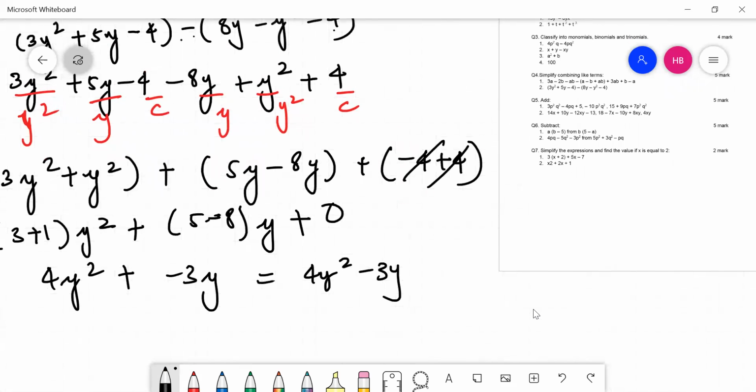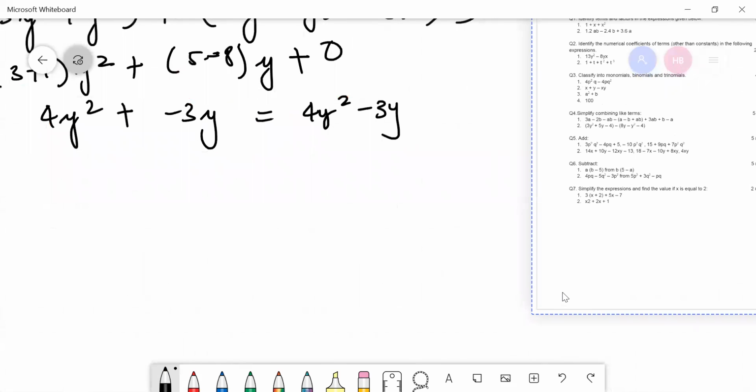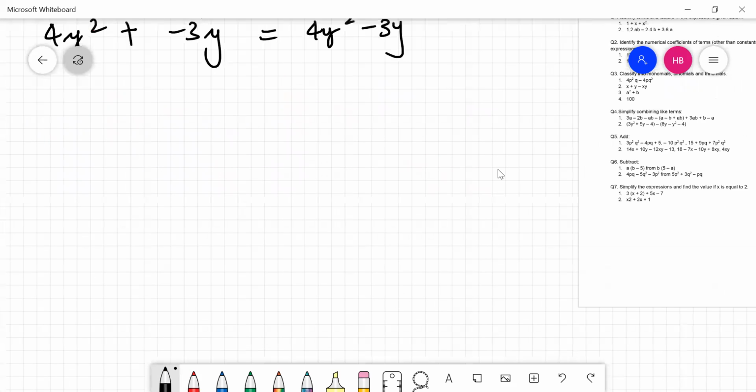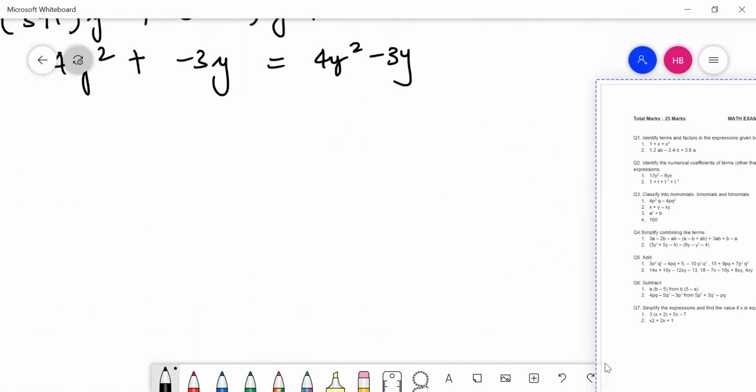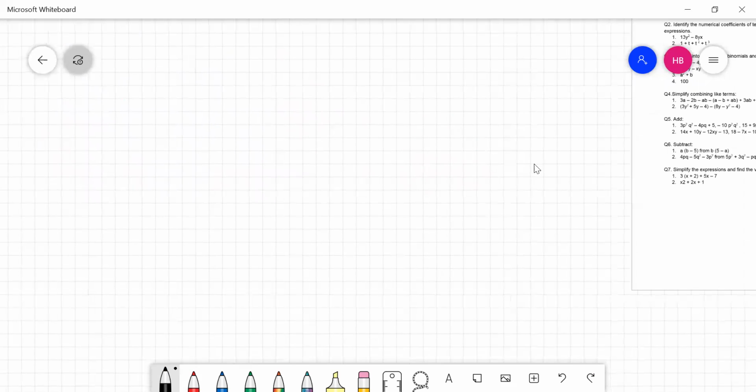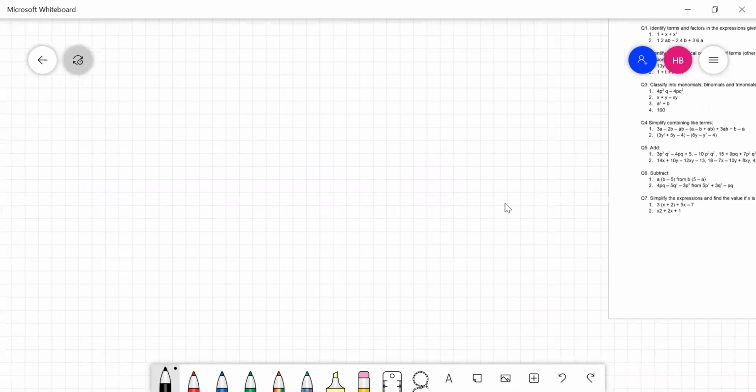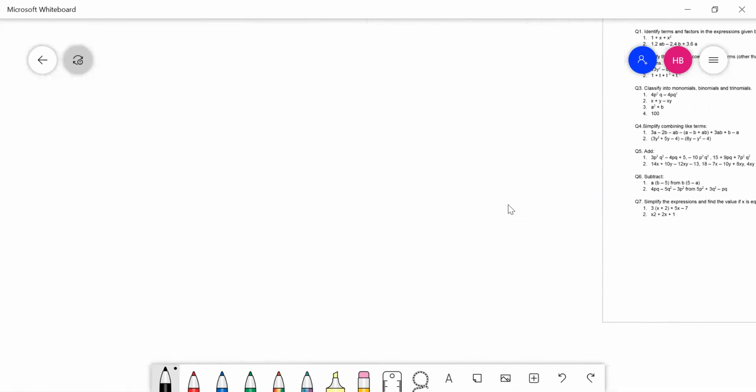Now let's go to the next question, which is to add. So let's do question number 5, first part. You have to add 3p square q square minus 4pq plus 5. This is one expression they have given.